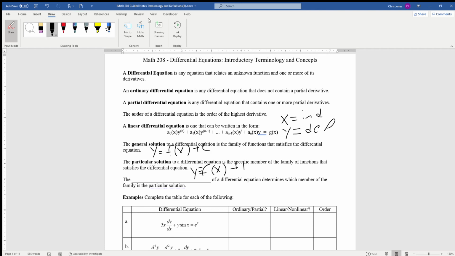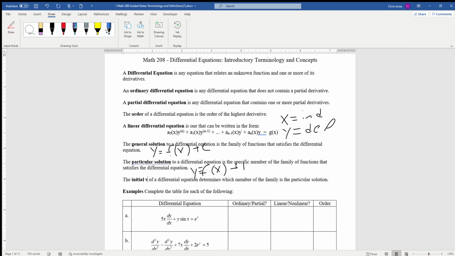And to determine whether we want plus 1, minus pi, whatever it might be, what we have to do is use the initial value. So the initial value that belongs to a differential equation tells us which member of the particular family that we're looking at. Now we're going to see this geometrically, and we're also going to see it analytically, in other words, algebraically, in a few moments.